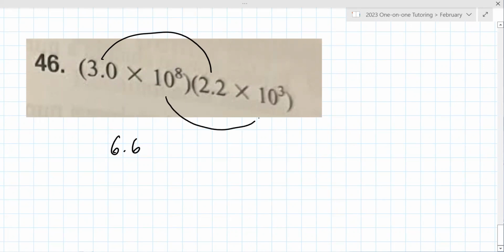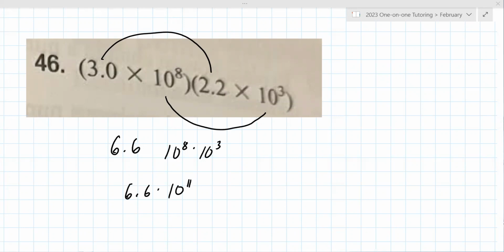Then you're going to take the 10 to the 8th and multiply it by the 10 to the 3rd. Add the exponents. That would be 10 to the 11th. Yes. Okay.